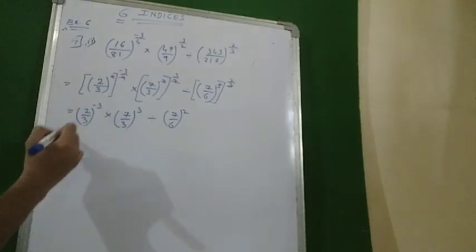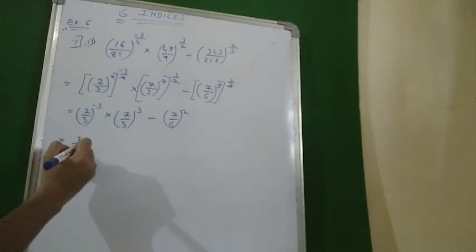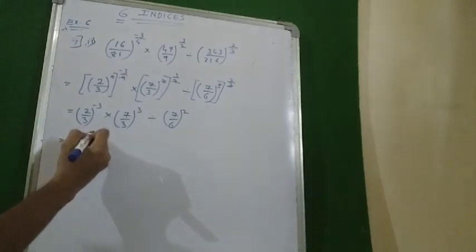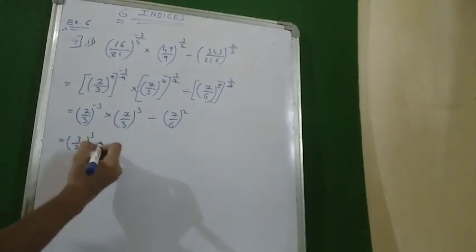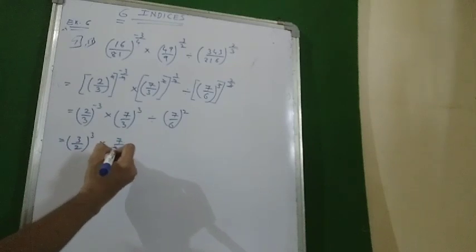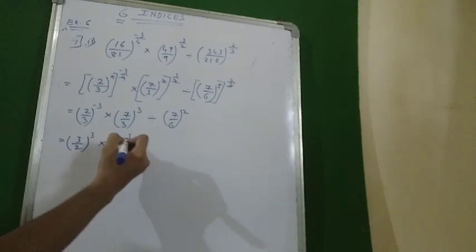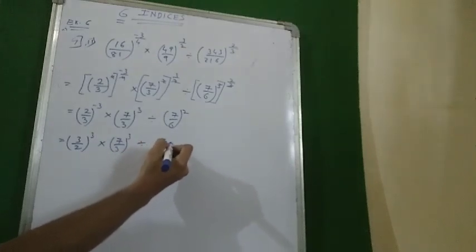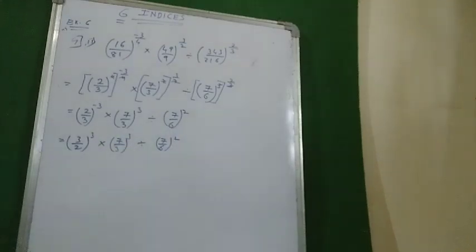Okay, there is the minus sign over here, so I will write 3 upon 2. I will just reciprocal it to change the minus sign, raised to plus 3 now, multiply by 7 upon 3 whole raised to 3, and divided by, I will just write it as it is, 7 upon 6 raised to 2.